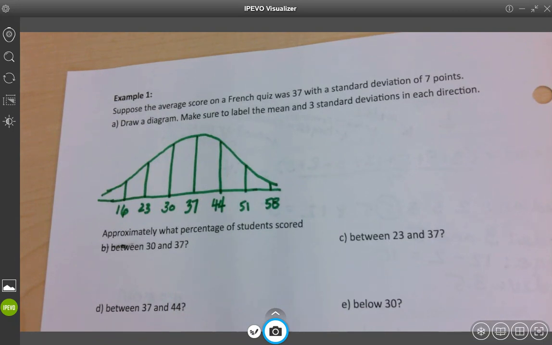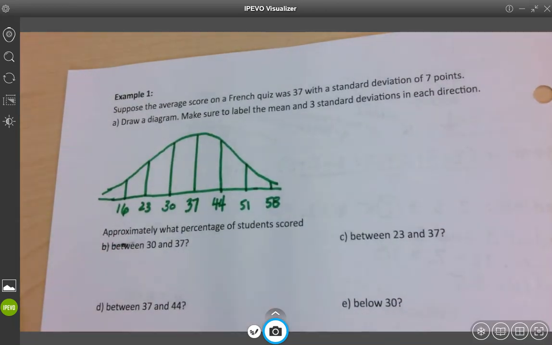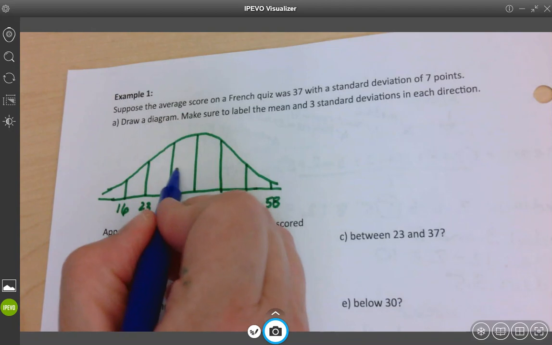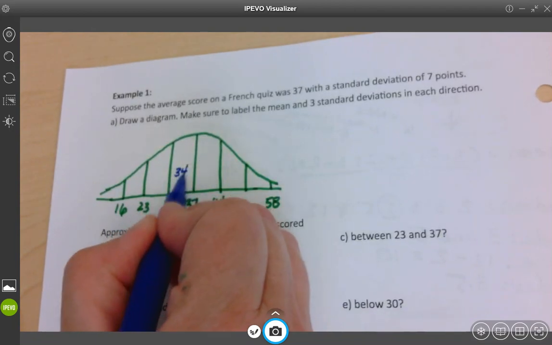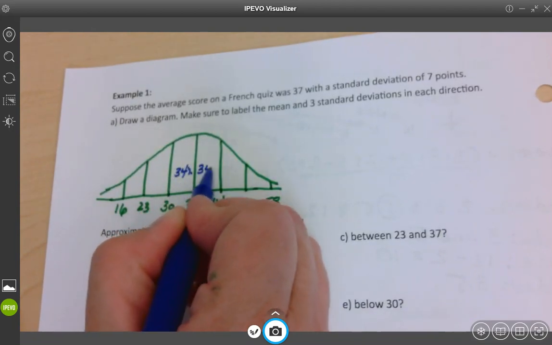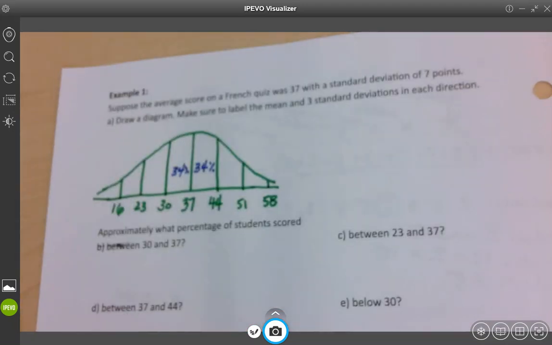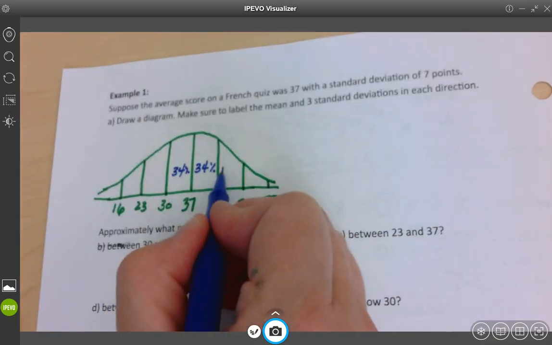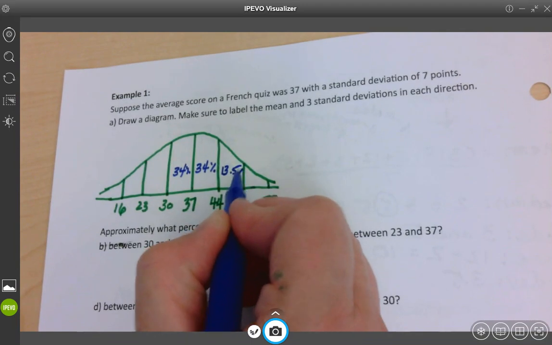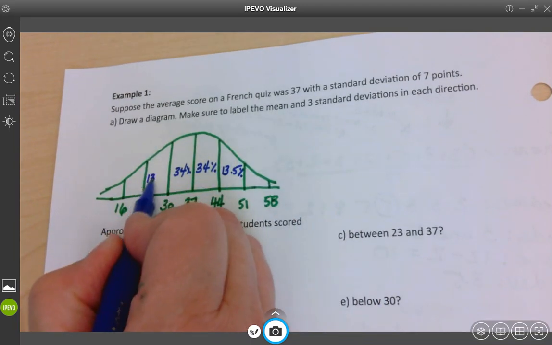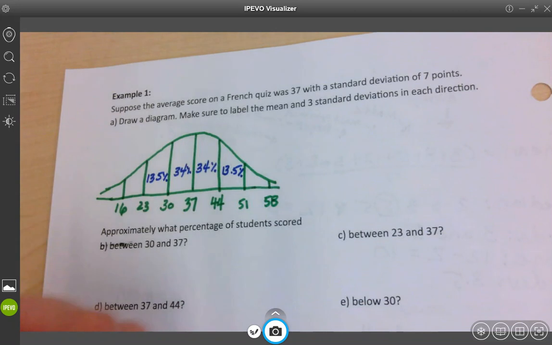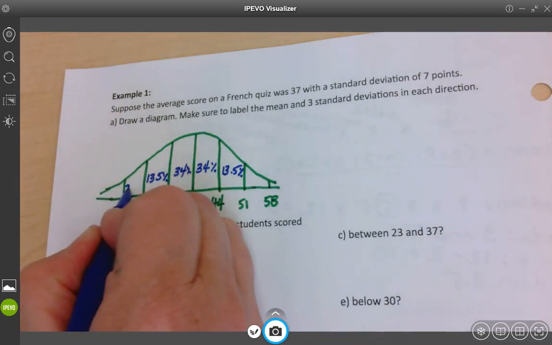All right, and in order to answer these questions using the empirical rule, it will be helpful to copy the percentages from the second graph. So that would be 34% in each of the center ones. And then 13.5%. 2.35%.